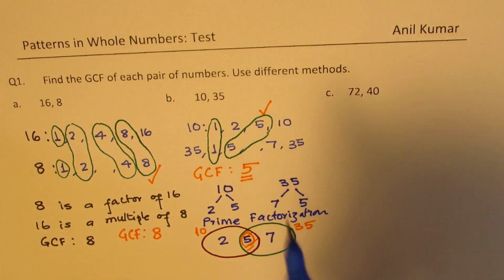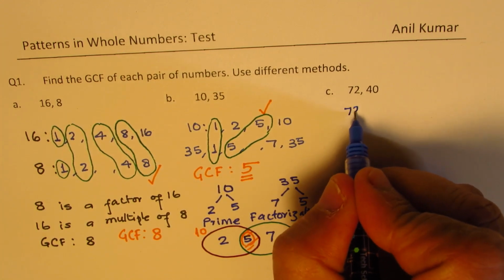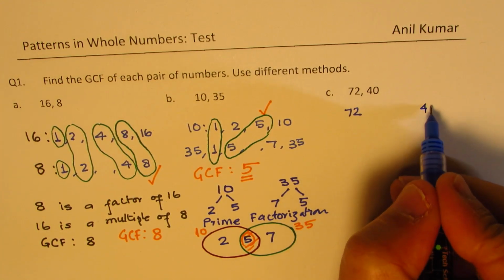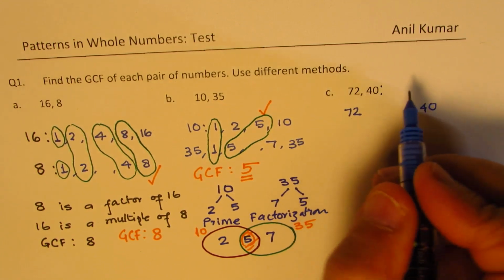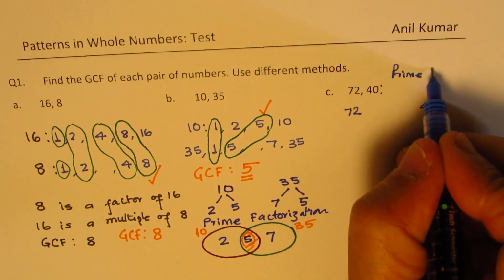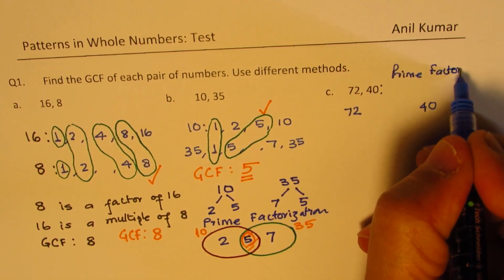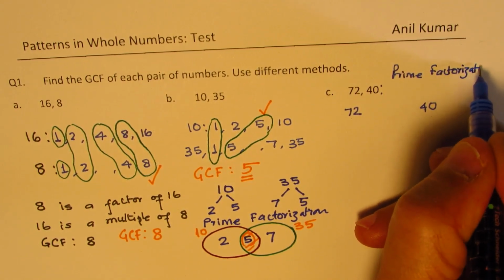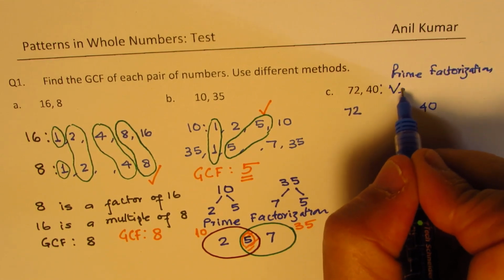Well, of course, for 72 and 40, these are big numbers, right? So let me do prime factorization, and then we'll use a Venn diagram.